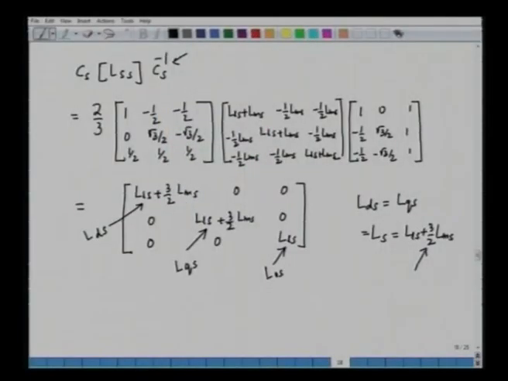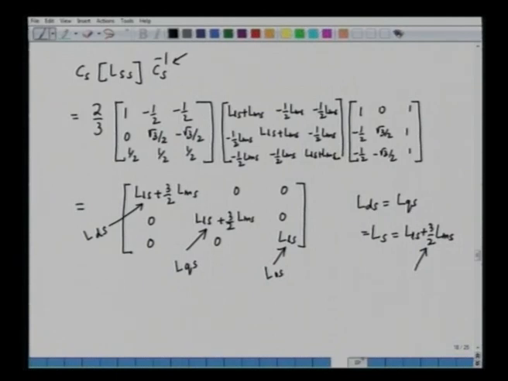So, this inductance, which is the magnetizing inductance calculated in the no load test, is not LMS, it is 3 by 2 times LMS. This 3 by 2 times is coming, although it is a per phase magnetizing inductance, the 3 by 2 times term is coming because of the coupling between A, B and C. So, this shows the effect of coupling of A, B and C phases of the stator.